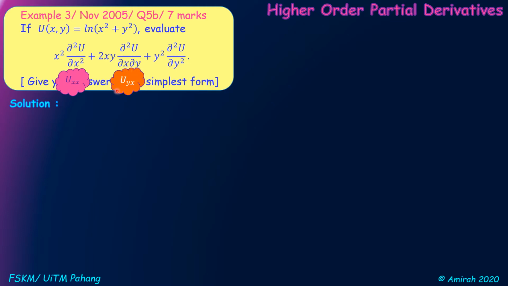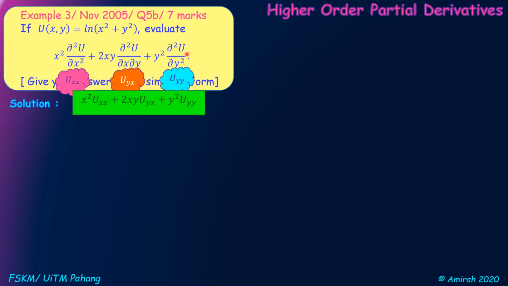If we use the u symbol, we use u_yx. Means we differentiate with respect to y first, and after that we differentiate with respect to x, right? Del 2u over del y squared means u_yy, okay?